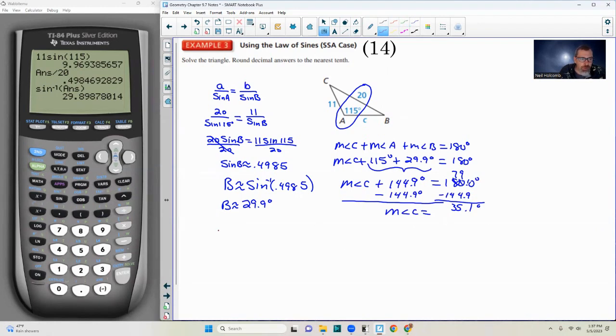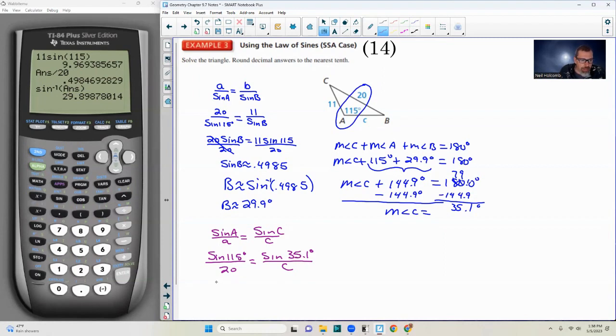So I'm going to do sine of A over A equals sine of C over C. Okay. And then I substitute my givens. So I say the sine of 115 degrees over 20 equals the sine of C, which is 35.1, over C. So the only thing we don't know here is C.